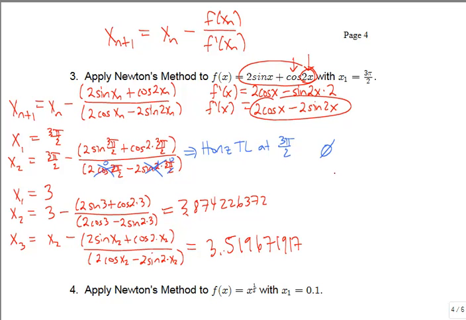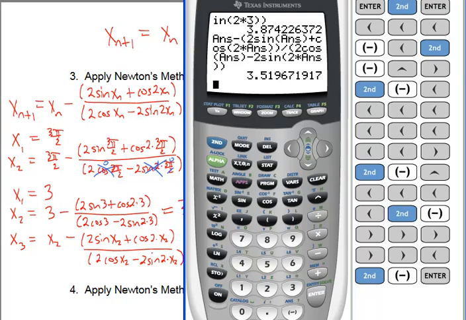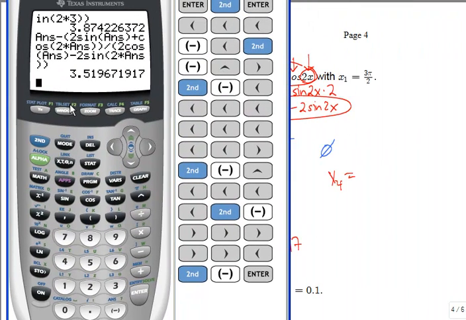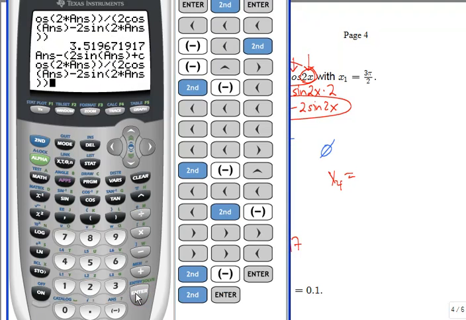Now to get x sub 4, we would now plug in this x sub 3 value in. I'm not going to go ahead and write out all that formula again, but let's just pull up the calculator and type in second entry, hit enter, and it's now going to use that 3.519 number as the ANS.